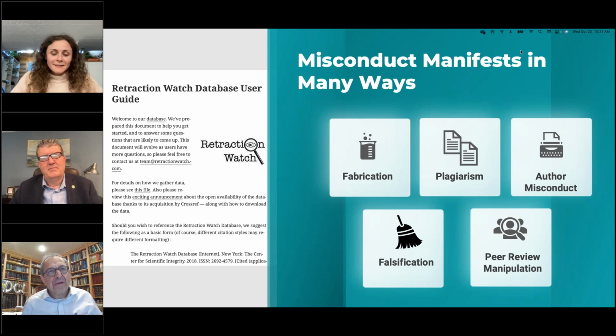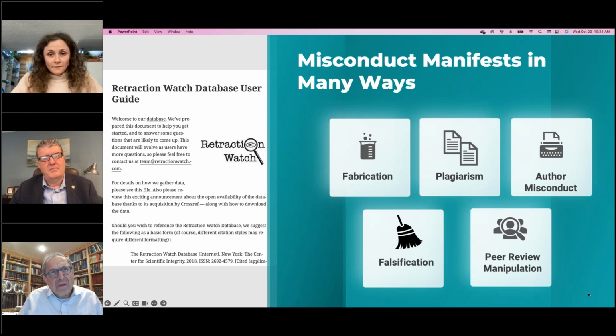And the question for us then becomes, how do we combat this? What can we do to make this better? I think there are a few things we can look at. First of all, we should look at how we prevent misconduct in the first place, and how we make it hard for these bad actors to get to us. This is where we start talking about research integrity by design.